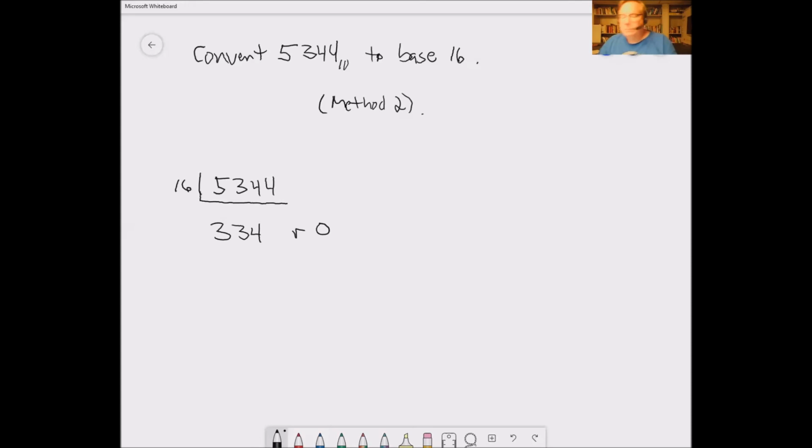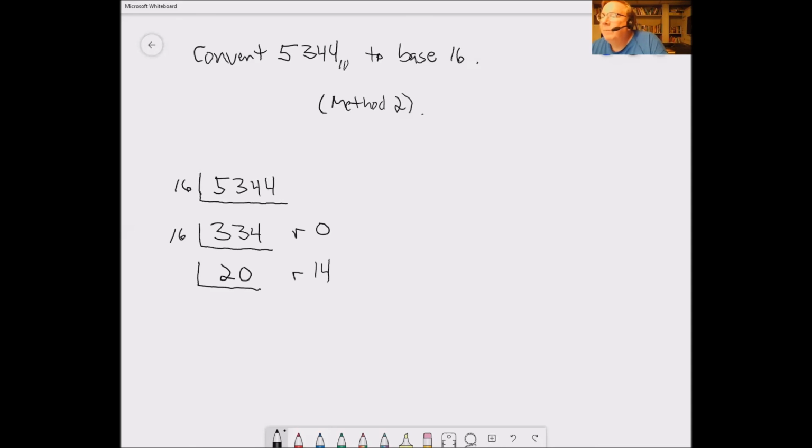Now I'm going to put 16 into the 334. So I'm going to take 334 and divide by 16. Here I get 20, with a remainder of 14. And I'm going to keep playing this game.